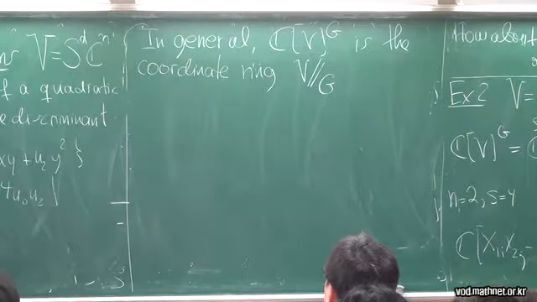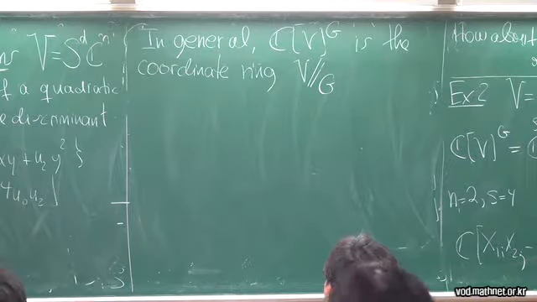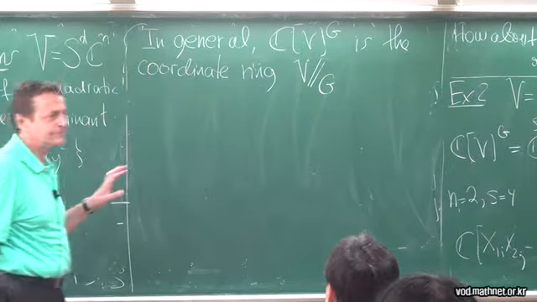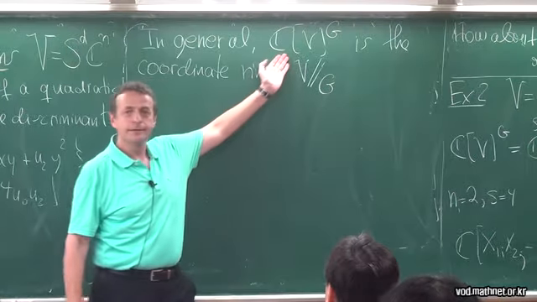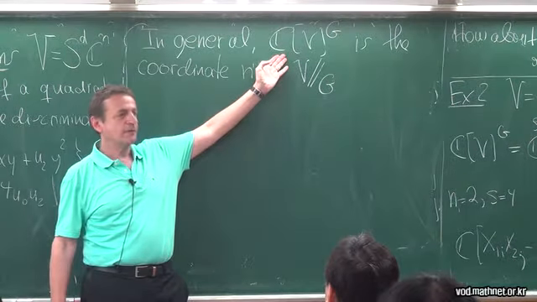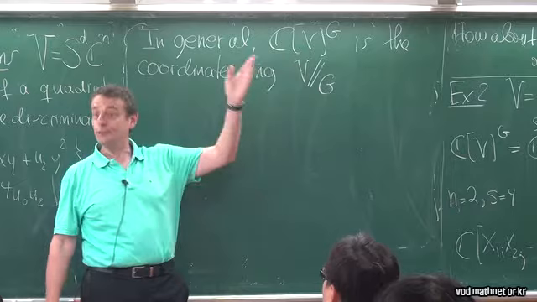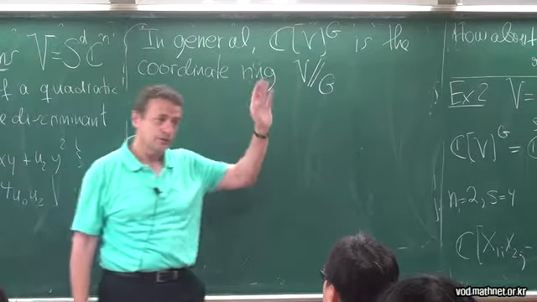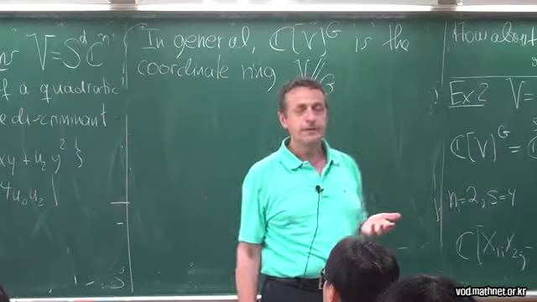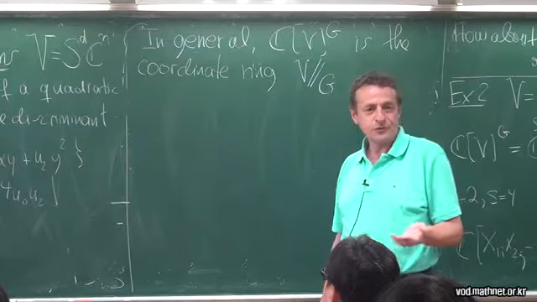Now, first of all, why is it the coordinate ring of a variety at all? Well, because it's Noetherian, right? It's finitely generated. I proved it to you, modulo the Reynolds operator. I proved to you that this is a finitely generated algebra.